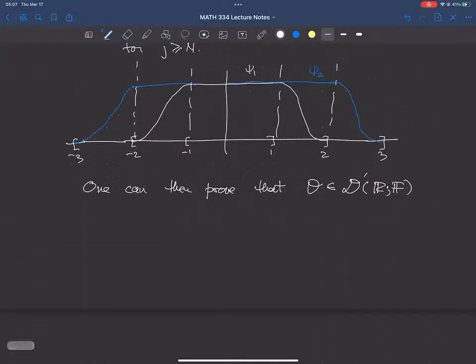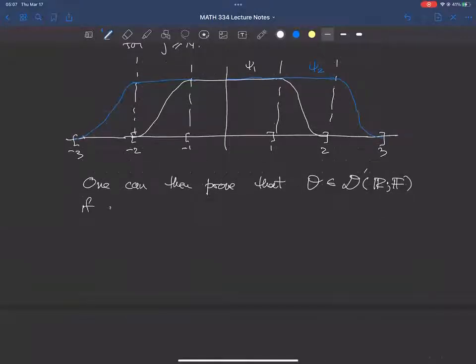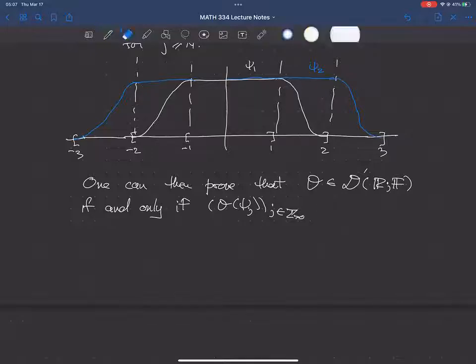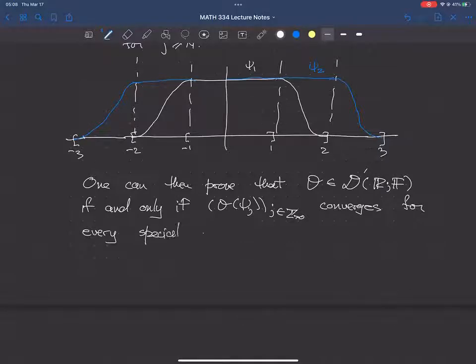All right, so we can prove that theta is in D prime L1 if and only if the numerical sequence theta of psi j converges, doesn't matter to what, just converges, for every special approximate unit psi j.